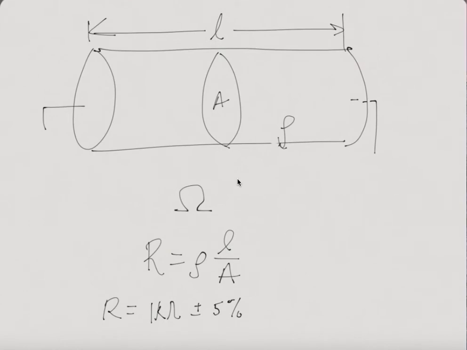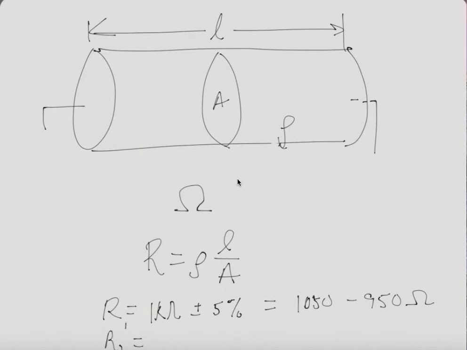If you think about what's 10% of 1,000, that's 100. And so half of that is 50. So this could be anywhere between 1,050 and 950 ohms. So a 1K ohm resistor can be anywhere between there. And let's just say that that's R1.